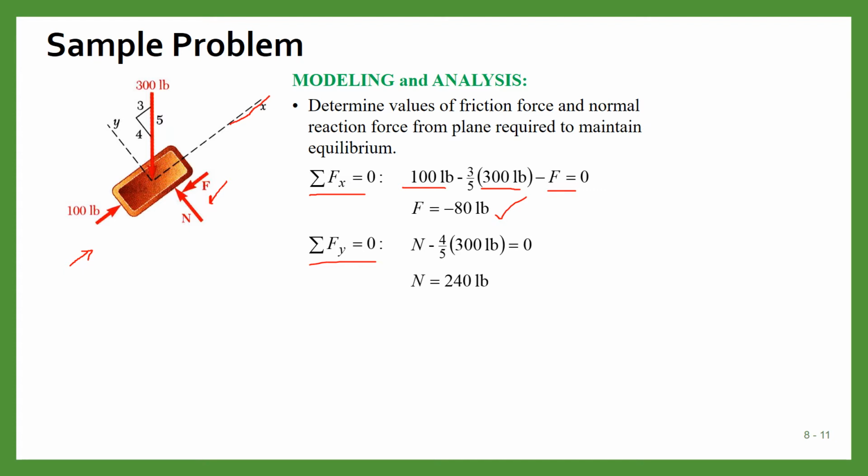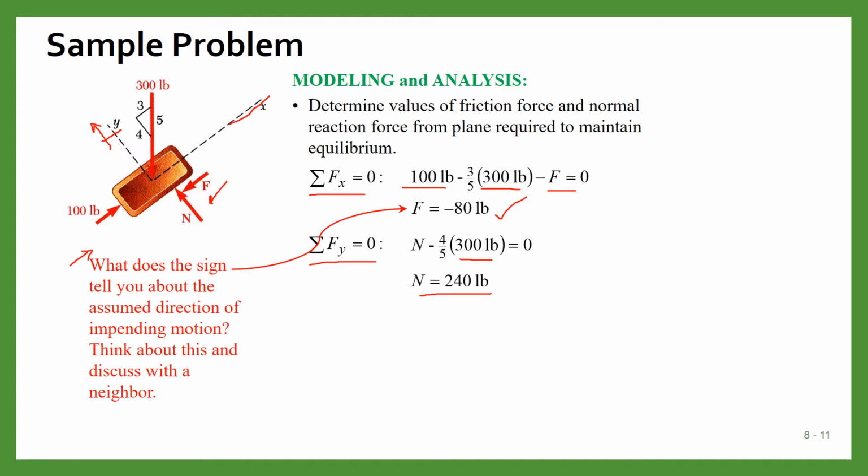Similarly we can calculate Fy. In the y direction, which is this direction, we have N, then we have one component of this weight, so N minus 4 by 5 of 300 pound, so N will be equal to 240 pound. So these are the conditions for equilibrium. The minus sign means that this force is opposite.